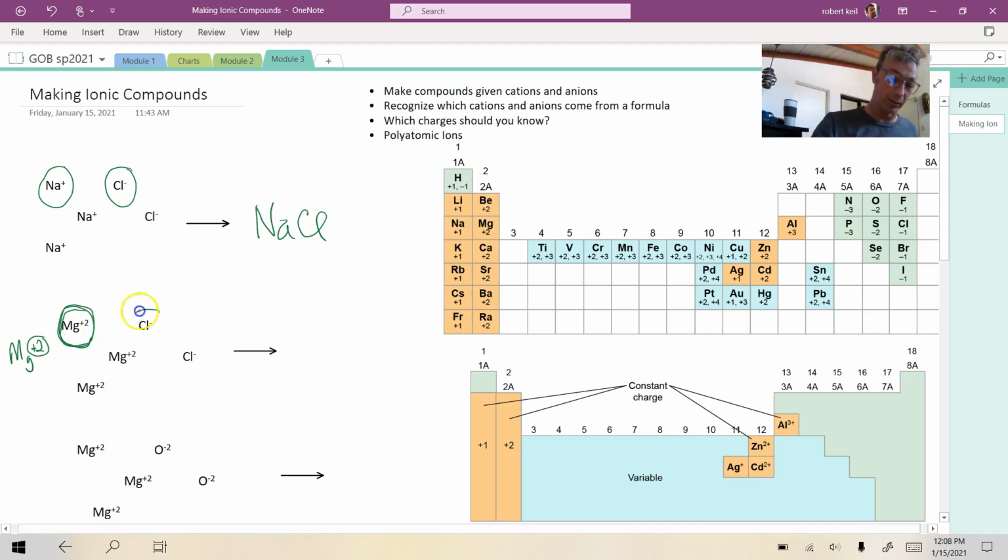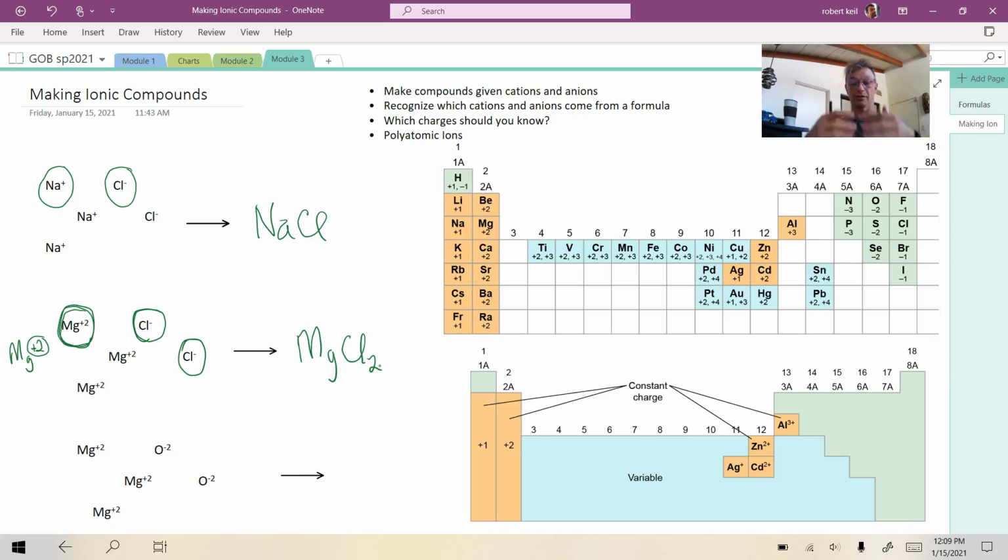He needs to combine with a pair of chlorides to make a compound. And so the idea is that cations, positive charge, and anions, the negative charge, get together until they reach a balance. They have to cancel each other out. I like to think about it as the positive team and the negative team fight until there's a standstill. So if I tell you one is +2, you know that there's got to be a pair of the other ones.